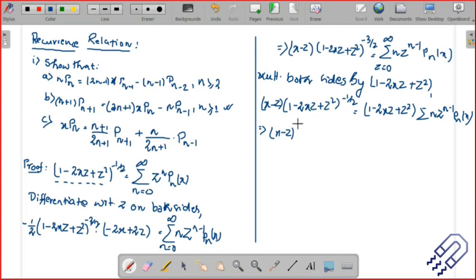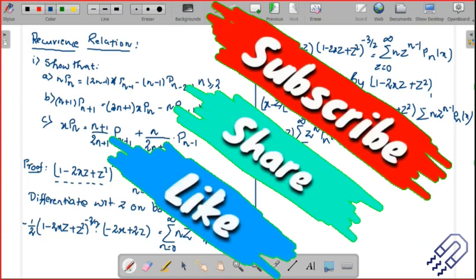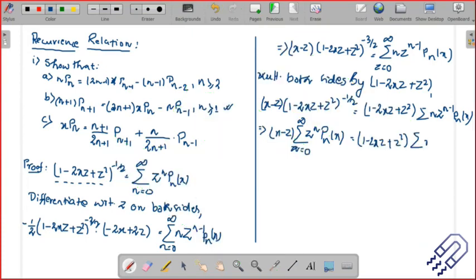So this term can be written as, don't lose track, summation n equal to 0 to infinity z to the power n p n x, which is equal to, let me just repeat this, x minus z multiplied by summation n z to the power n minus 1 p n x. Keep doing and we should actually get the result.